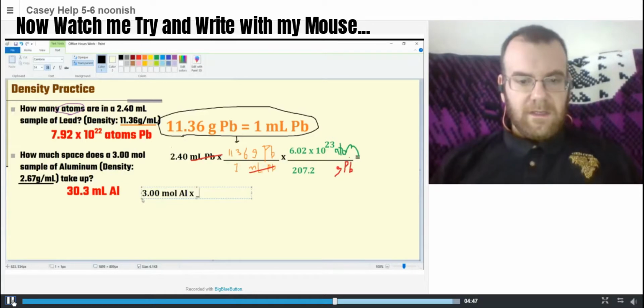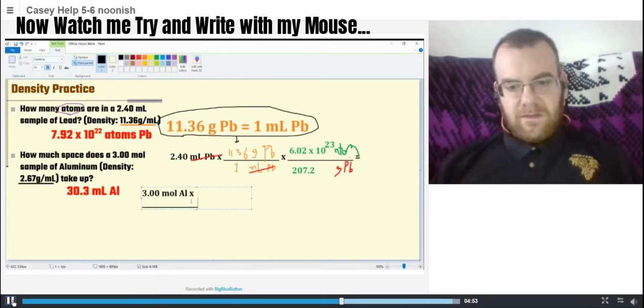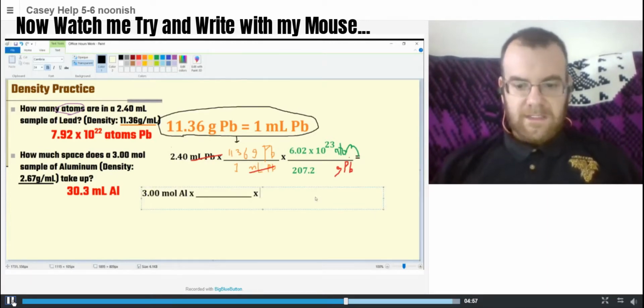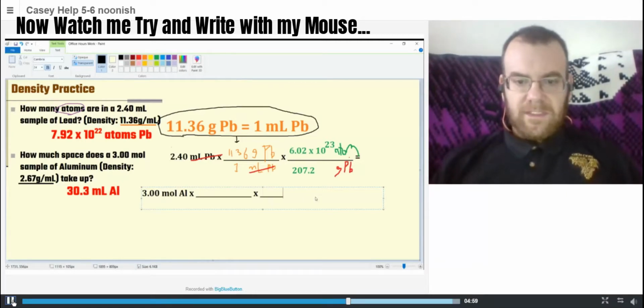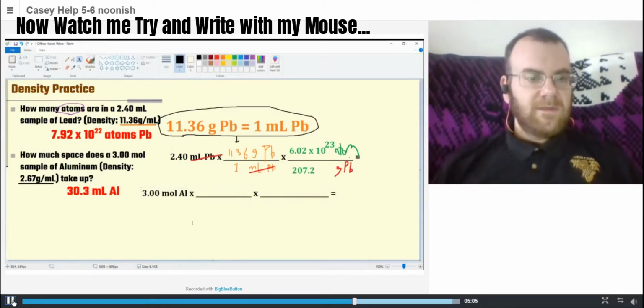Now, in this case, we just want space. Here, we're still going to need two steps, because moles isn't going to give us directly into our density, but it will get us to something more useful, grams.